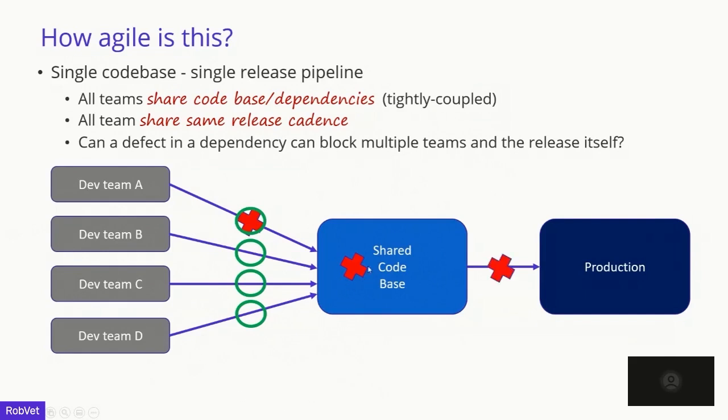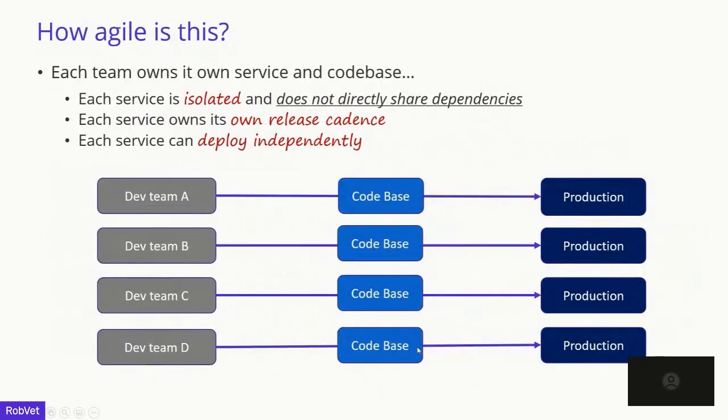So let's contrast this maybe with this approach. So here are the dev teams, A, B, C, D. Each has its own code base. So they've isolated their code base and are not sharing dependencies directly, right? Each also, by the way, has its own release cadence, and each service can deploy independently.